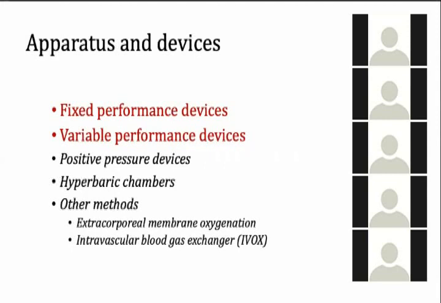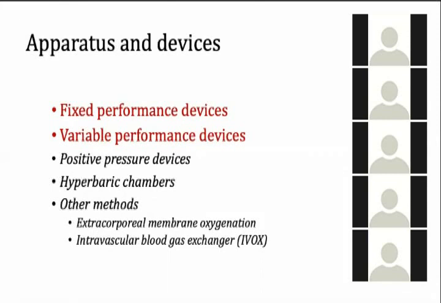So there can be overlaps, right? There are a few devices and they are classified in different ways. Commonly, we categorize them as fixed performance devices and variable performance devices.